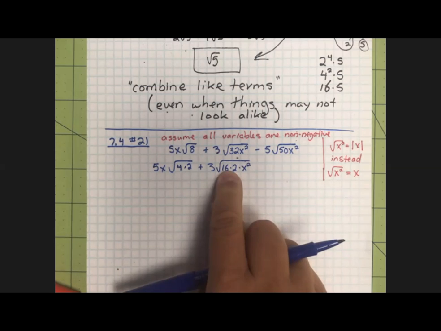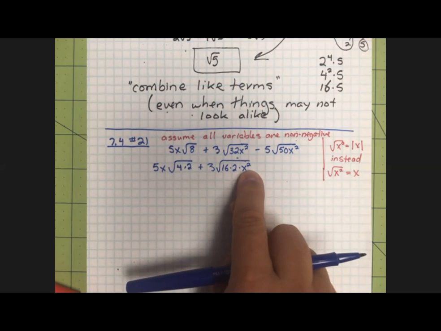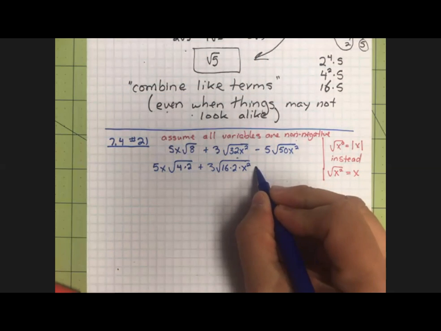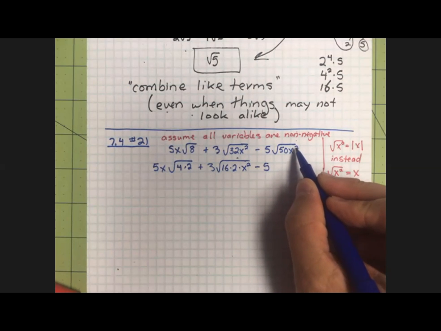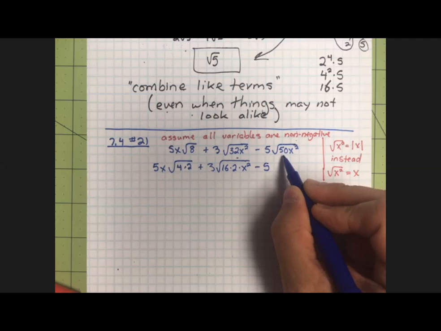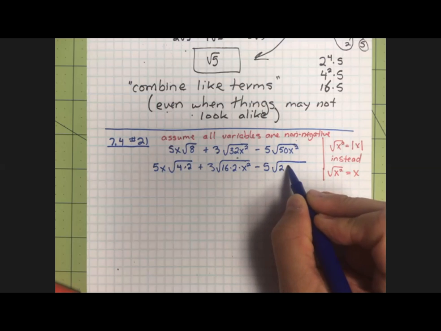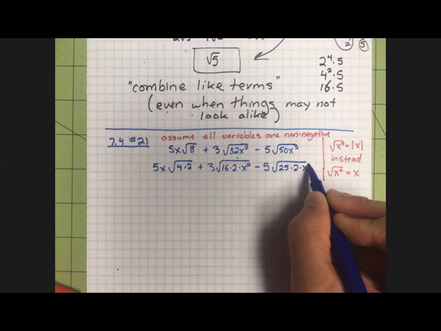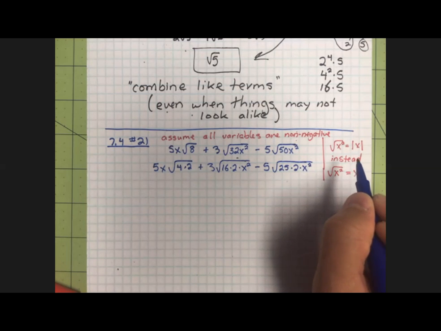So I'm going to pull out the square root of 16, call it 4. I'm going to pull out the square root of x squared, call it x. Same thing here. Got a perfect square, square root of x squared, no doubt. But inside 50, there's a perfect square called 25. So you've got to know and recognize perfect squares, perfect cubes, all kinds of stuff like that.